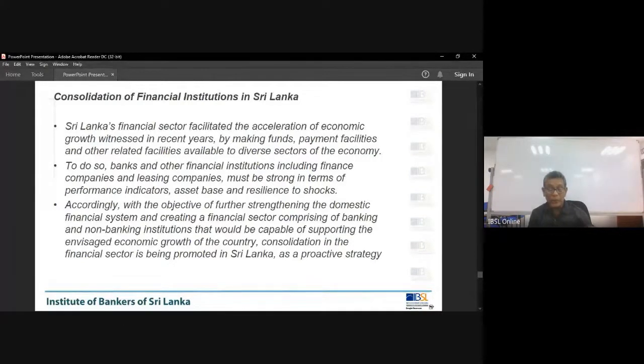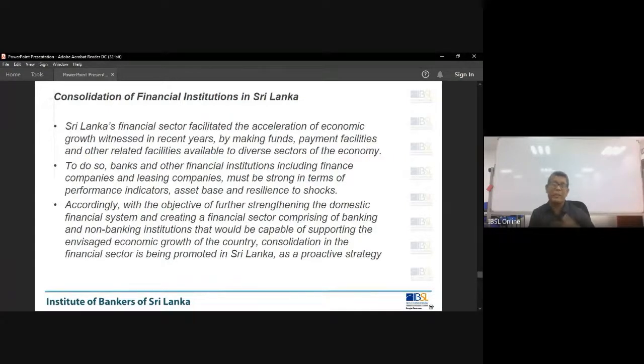Also, mind you, another important area you need to look at is consolidation of financial institutions in Sri Lanka. As we are well aware, the financial sector provides a lot of support to facilitate economic growth in a country, and it is the same in Sri Lanka.